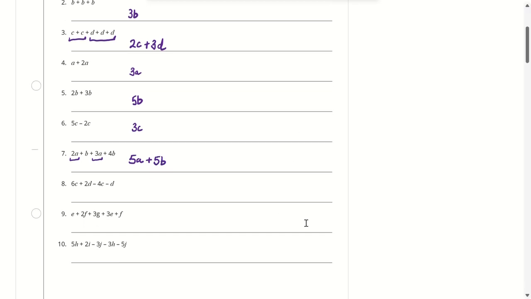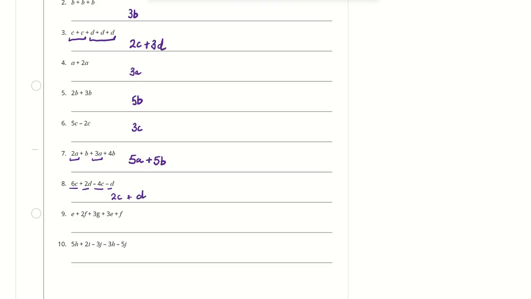If I have 6 carrots and I take away 4 carrots, I have a total of 2 carrots. And if I have 2 dogs take away 1 dog, is just 1 dog. But we don't write 1D in algebra, we write D. So we're going to write D.